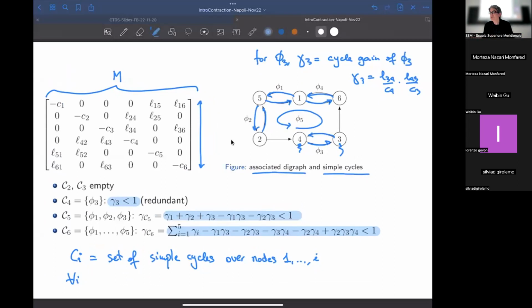And the weakness of it is that this is only a set of sufficient conditions for contractivity of the interconnection. It's not necessary. You have to find the optimal norms for each state and so on and so forth. So this is only sufficient, not necessary. So it's a potentially conservative approach.